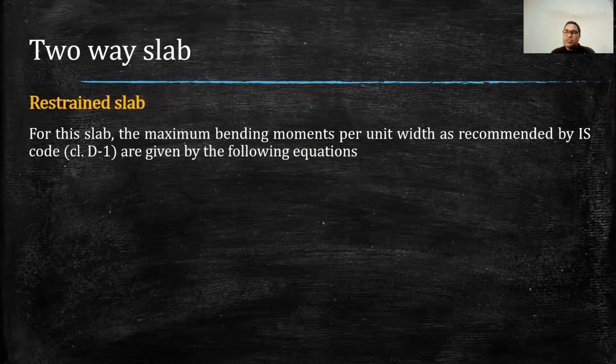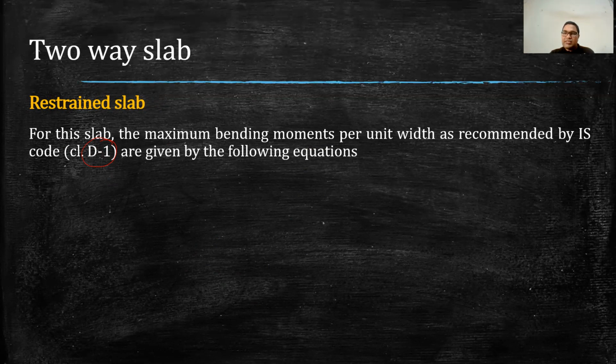Now, the details of design of a restraint slab are given in IS code Annexure D-1. If we refer to Annexure D-1, there we will find the details regarding the design of a restraint slab. As a restraint slab is again a two-way slab, we will be finding the bending moment along the x-axis and along the y-axis.